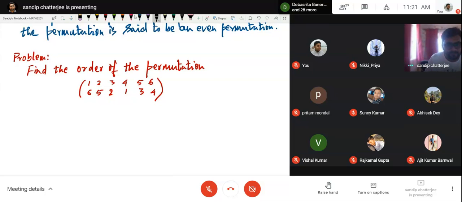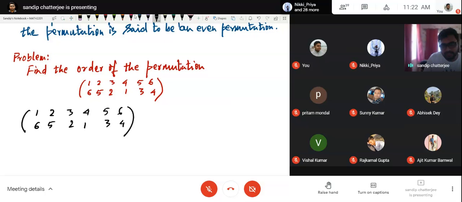This problem is actually 1, 2, 3, 4, 5, 6 over 6, 5, 2, 1, 3, 4. Now this can be written as, if you carefully observe, 1 maps to 6, 6 gets mapped to 4, 4 gets mapped to 1.